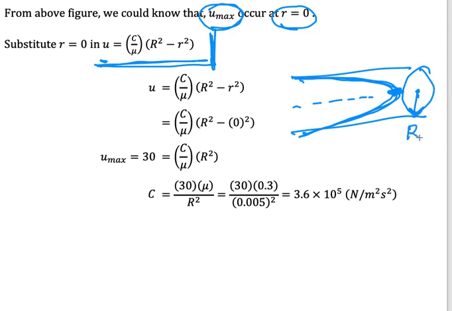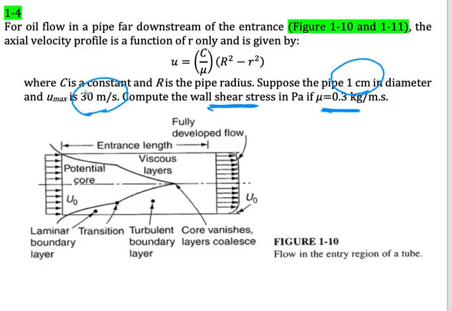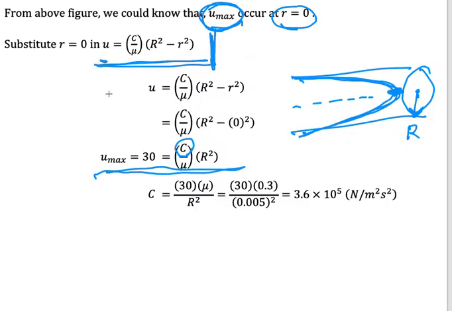So we substitute r equal to 0 and u equal to u max. After we substitute, we need to find the value of c. As mentioned in the question, c is a constant, so when we have a constant in our equation, we need to show its value in terms of numbers. So how could we get that?